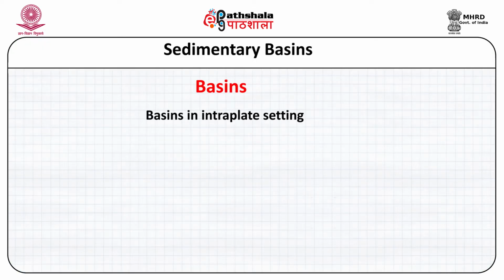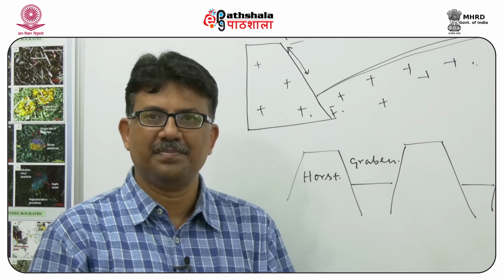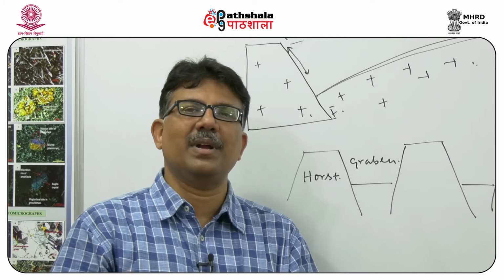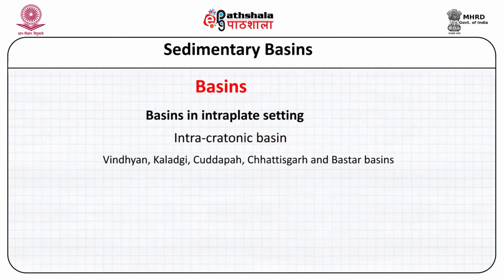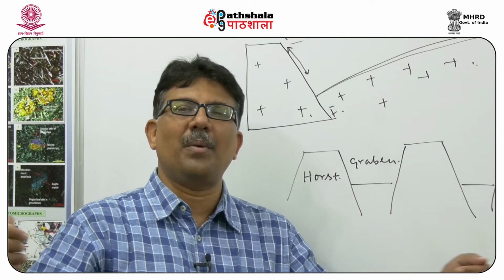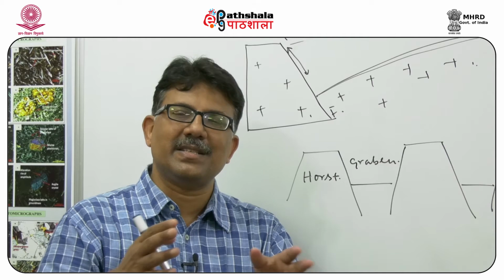Now, we can also have some basins which are totally intracratonic in nature, that is the sag basins we are talking about. The intracratonic sag basins, for example in India the Vindhyan, Kadapa, Chhattisgarh, are classical examples of intracratonic sag basins, which normally have a quaquaversal dip, and you also get a sagging in the central part.